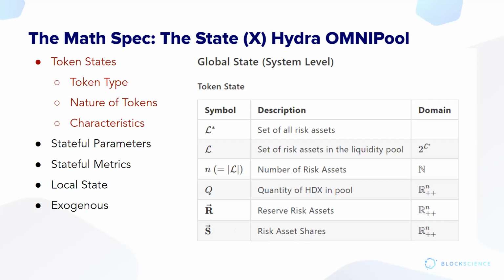In this case we consider them an accounting value, but in other cases those might be tokenized. You could take your liquidity token and do a secondary trade or leverage with that. So that's the global state of the Hydra OMNIPool.